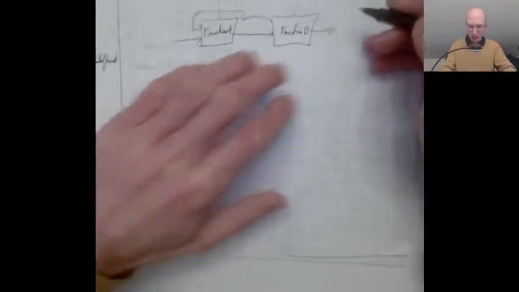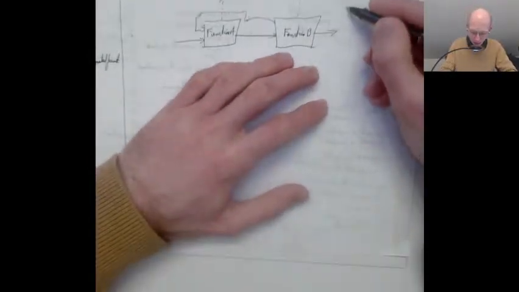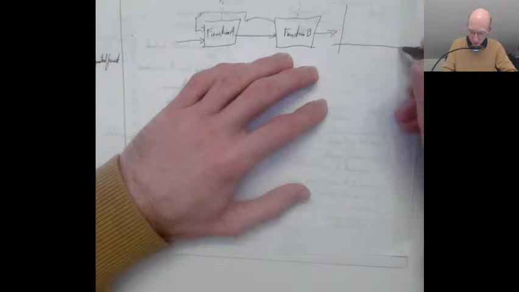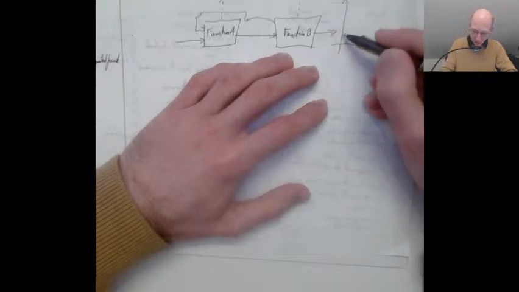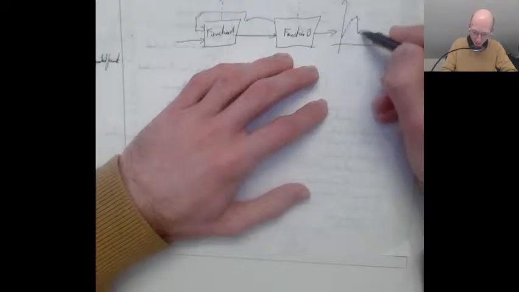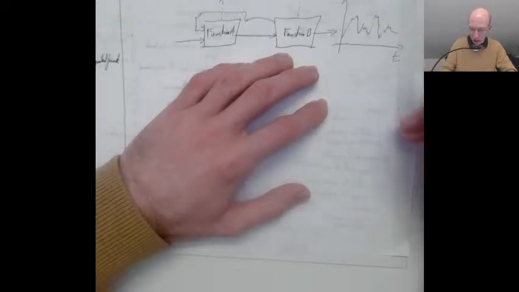Great. And what I said is that in the end we have a certain function. This here is time, this axis, and the other axis is some form of amplitude.